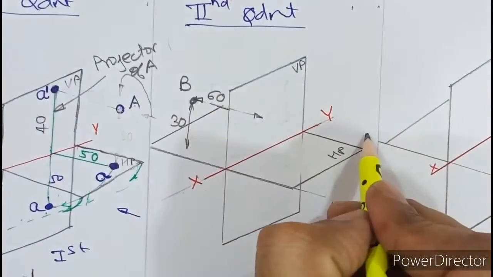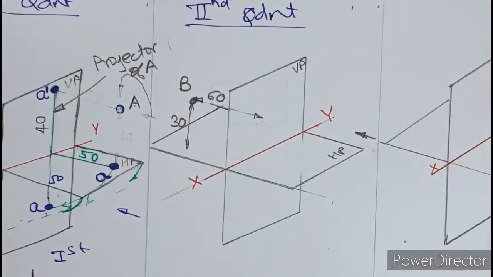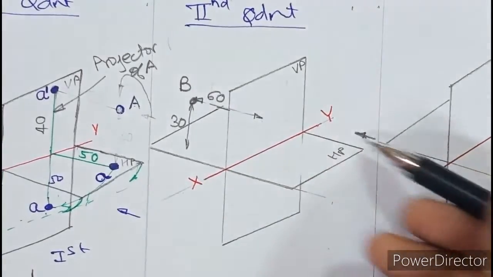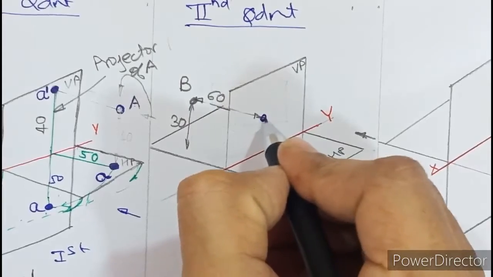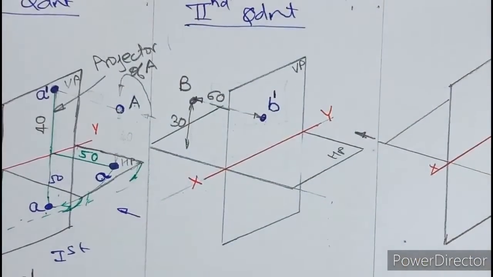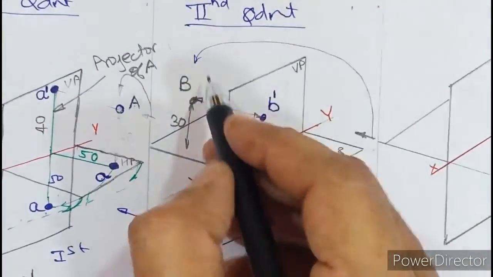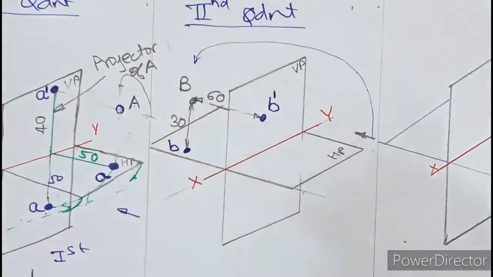So we know that the observer is looking from this side, correct? And VP is assumed to be transparent. So now carefully look in the front view from here. Because VP is transparent, you can see the point B from here itself. So in the front view, you'll get the projection on VP, and this is called small b with a dash. Similarly, if you look in the top view, you should look from this side. So top view of point B will fall here, called small b without dash.